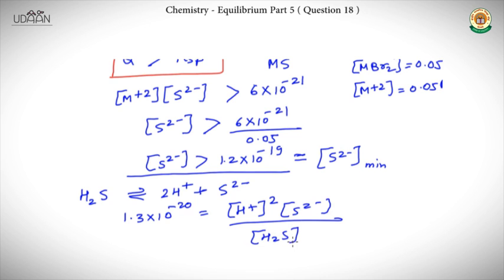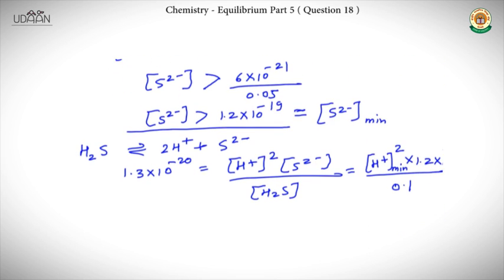Now I know the concentration of H2S is given to me as 0.1. And I found out the minimum S2 minus concentration required. So when I put all those values in this equation, I will get the minimum H plus concentration required. So H plus minimum square into 1.2 into 10 raised to the power minus 19.